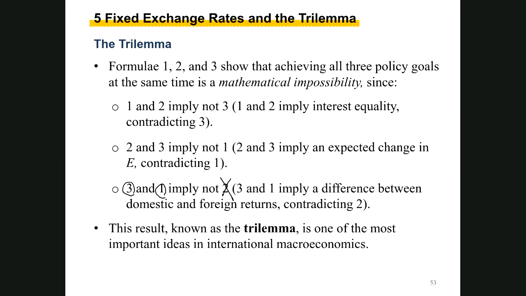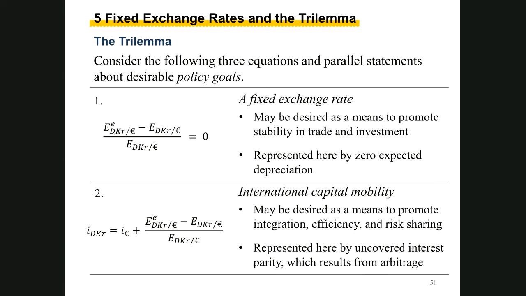So let's see what 1, 2, 3 are here. The first condition is the fixed exchange rate. This is basically a choice of the government, right? You could choose to fix your exchange rate or not fix it.